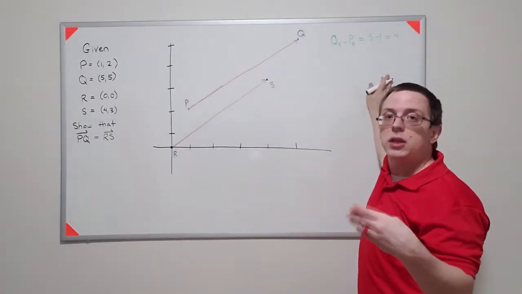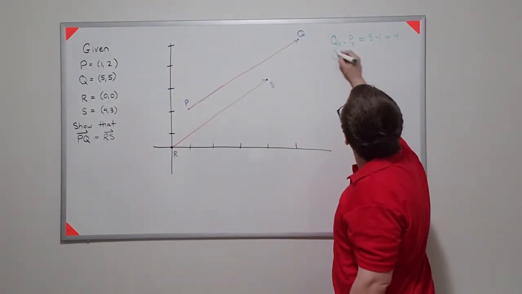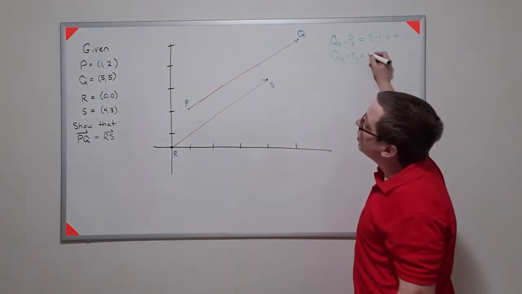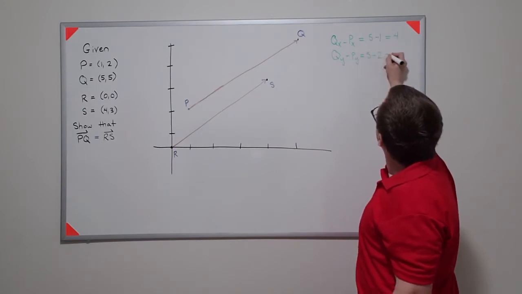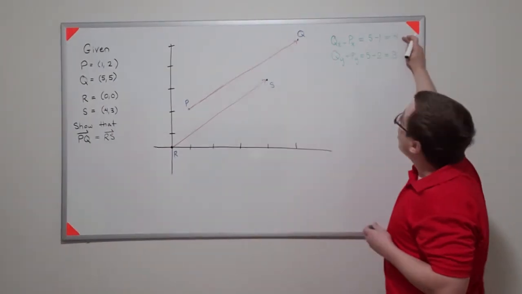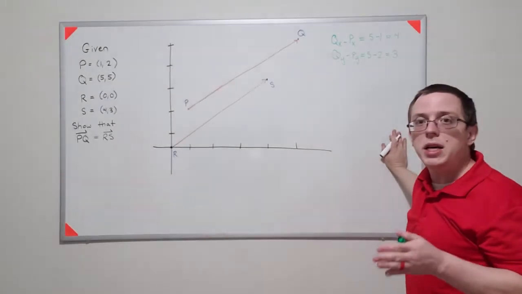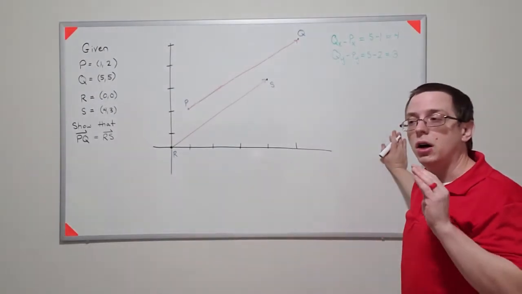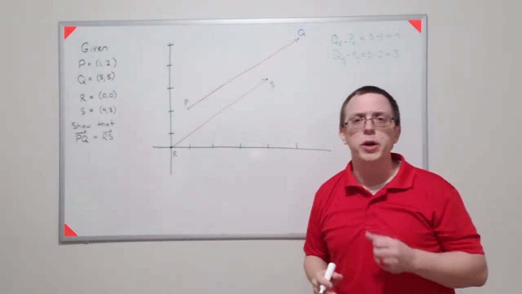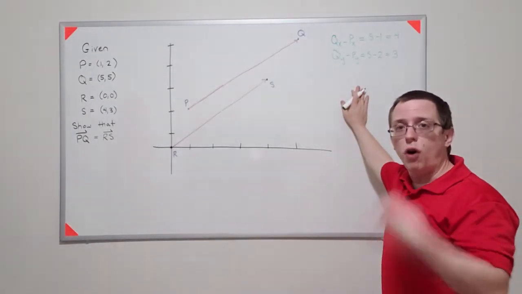Okay, well let's get the y component of Q and P. So we have 5 minus 2 is 3. So our components are 4 and 3. What that tells me is that the vector components of PQ are 4 and 3. And we're going to talk about that more as we go along. So let's go ahead and get the vector components of R and S.